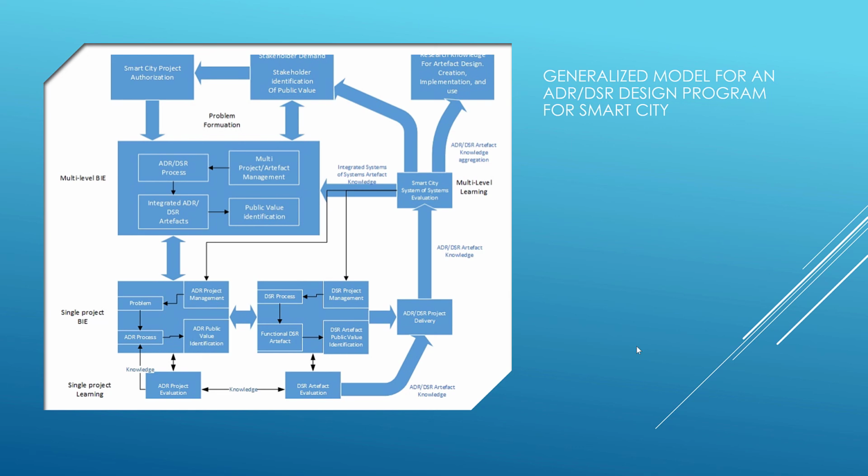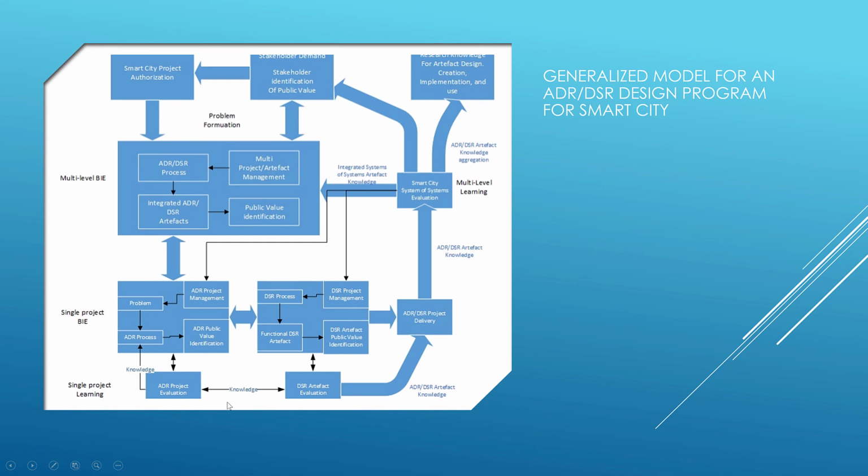How is that going to fit with the technology that already exists in the city? How is that data going to be ingested into the business processes and used? This is all evaluated at each individual level.